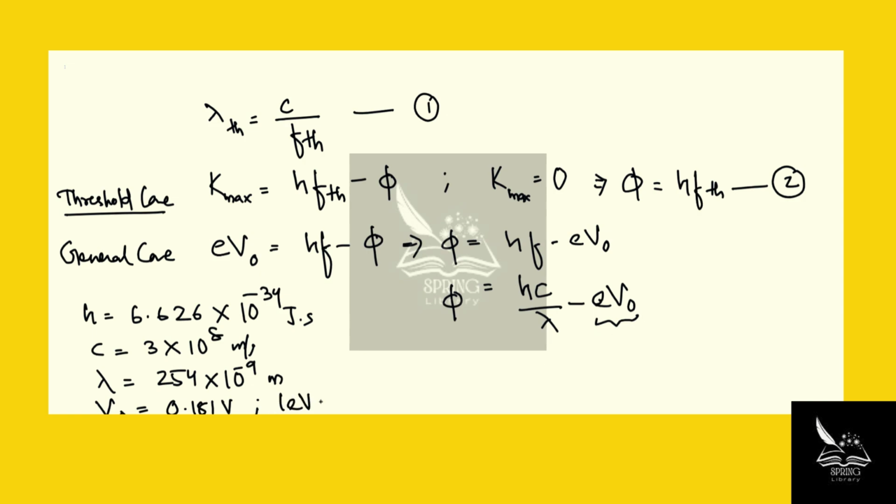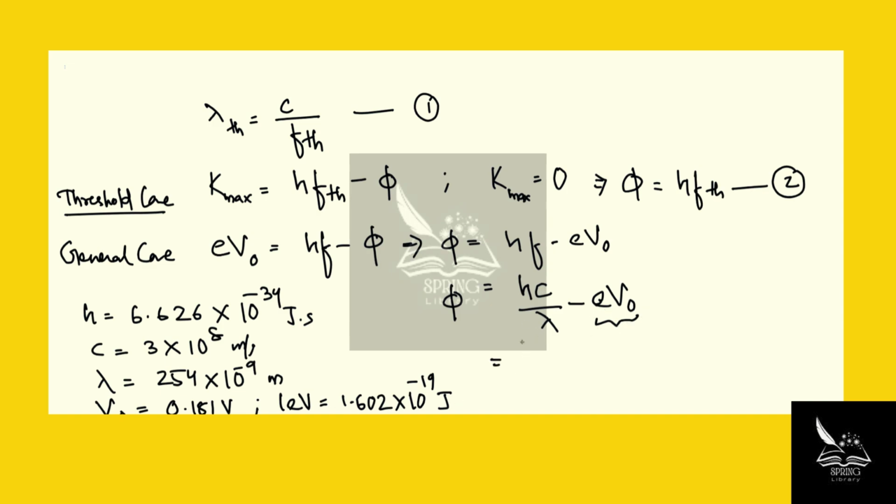And we know that 1 electron volt is 1.602 times 10 to the power minus 19 joules. So we need to convert with this factor in order to have eV naught expressed in terms of joules, because we are using h, the Planck constant, in units of joules. In order for our units to be consistent, we need to have the stopping potential energy in terms of joules.